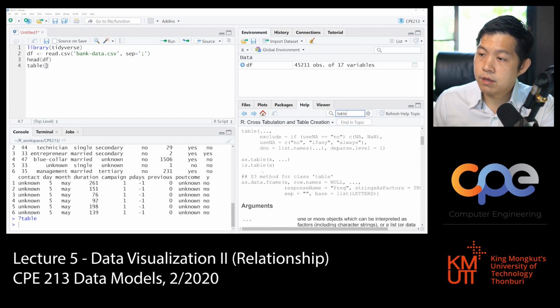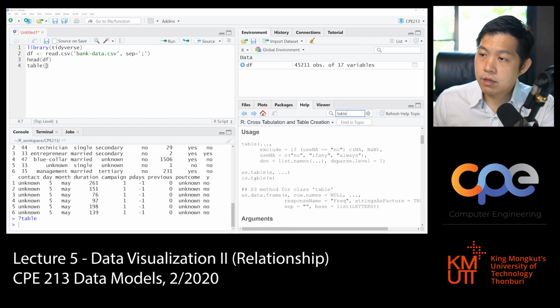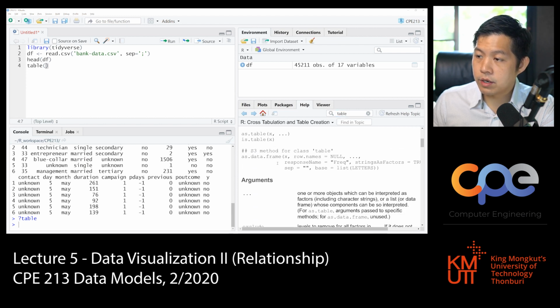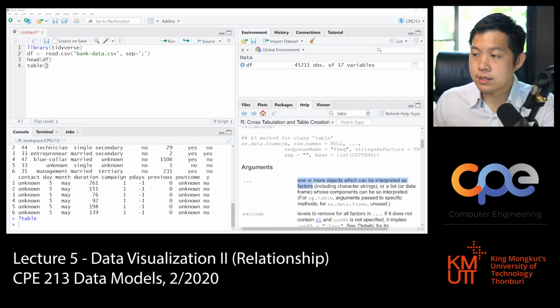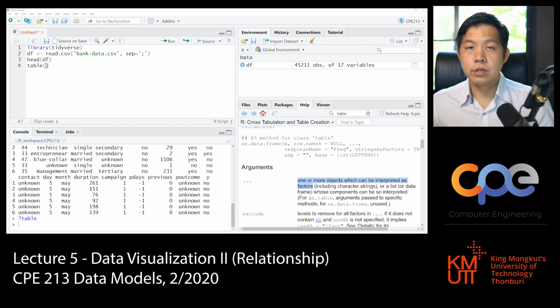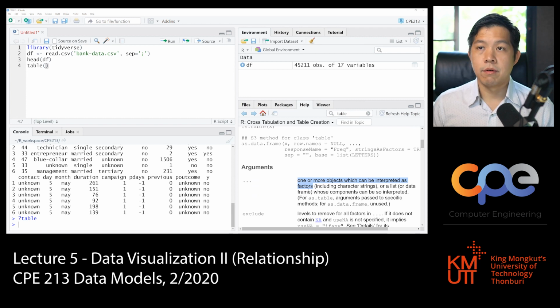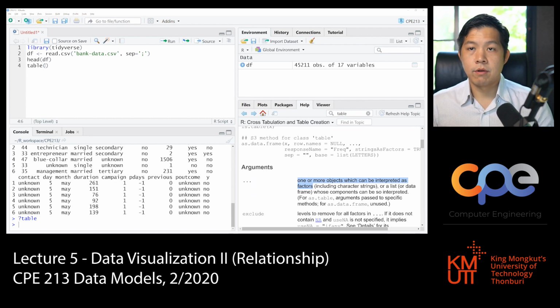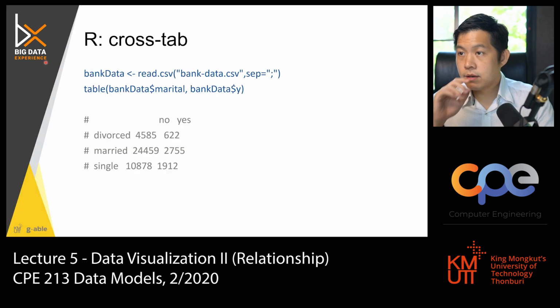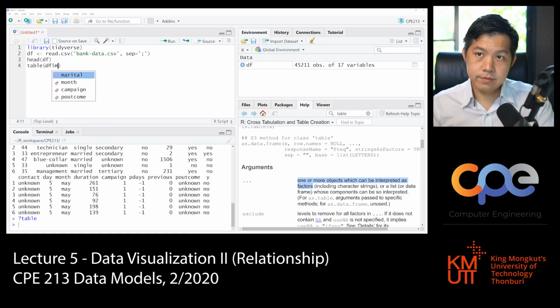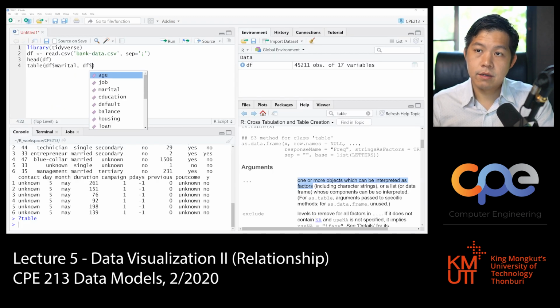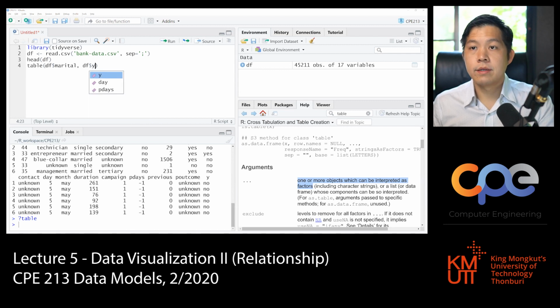The function table requires you to put in, here, triple dot here, one or more objects which can be interpreted as factors or a list, right? Then it will use those to create the table for you. So for this one, I'm going to use df marital and df y.